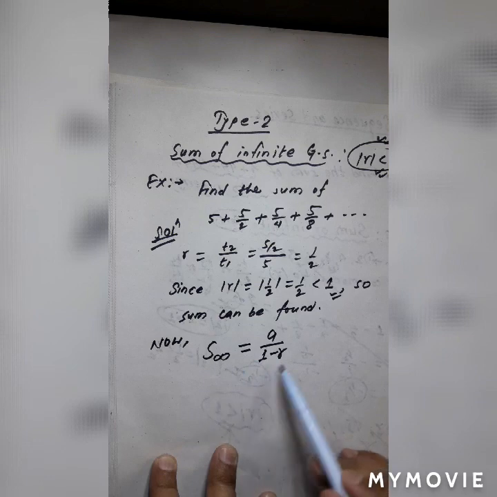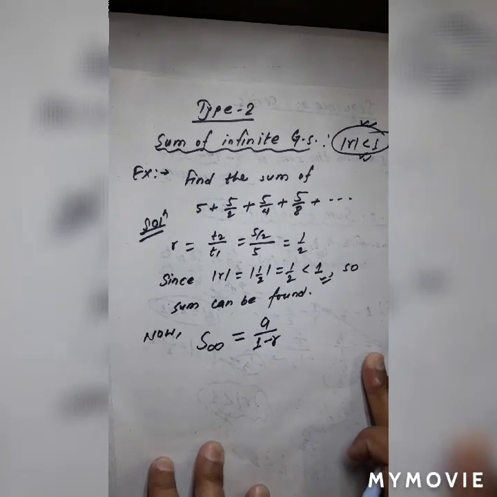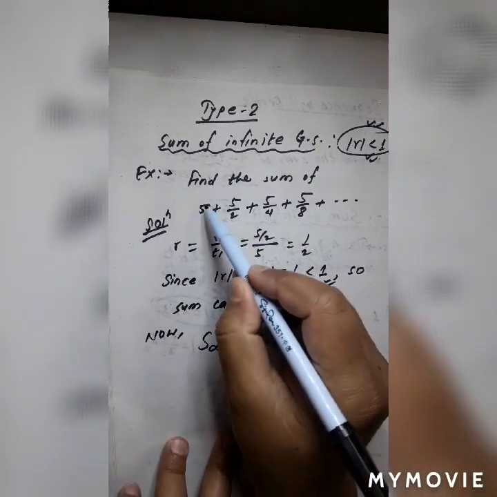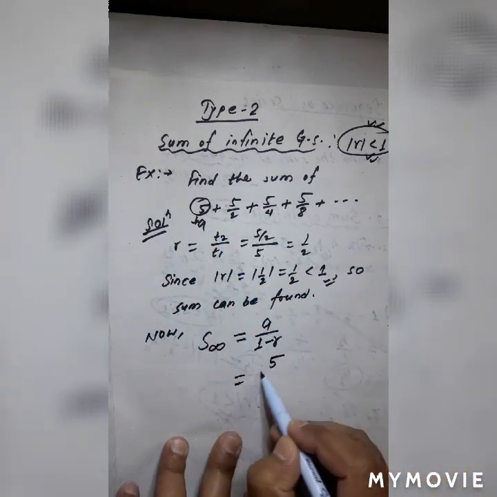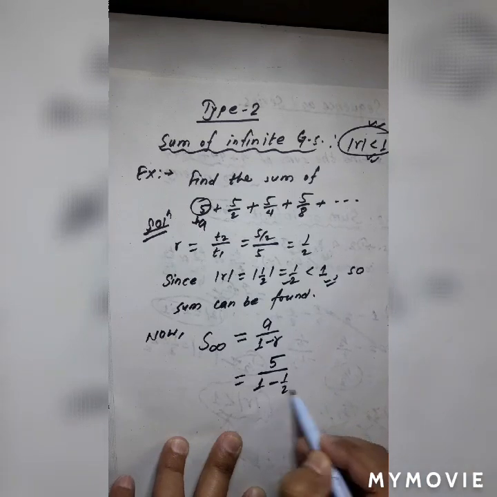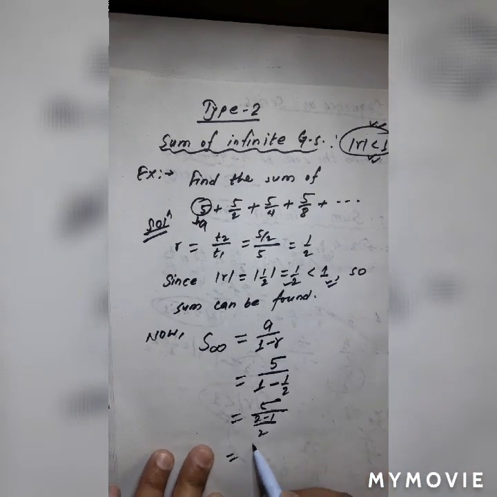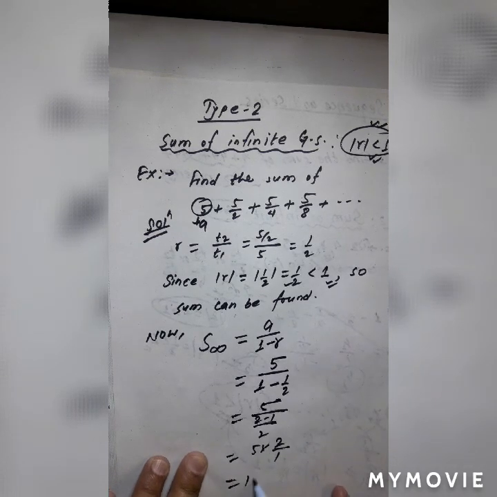By using this formula we can find the sum of an infinite geometric series. Here a represents the first term. What is the first term? This is a. So 5 by 1 minus r. What is r? 1 by 2. So in this way, students, we can find the sum of an infinite geometric series.